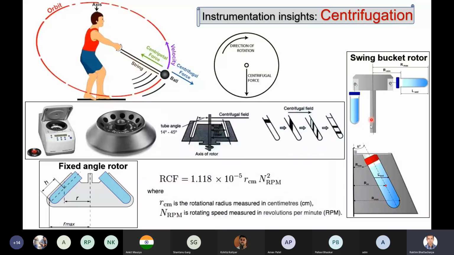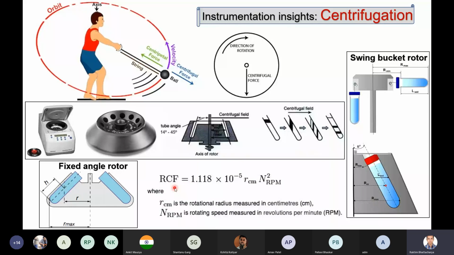These swing bucket rotors are very costly, of course, because from the diagram you can see that you can manipulate this attachment side so that you can change the angle of the attachment. And based on this angle of attachment, you can change the relative centrifugal force, or RCF.